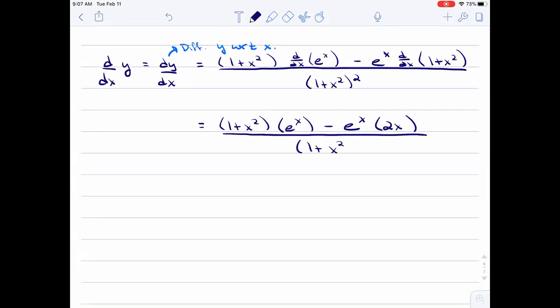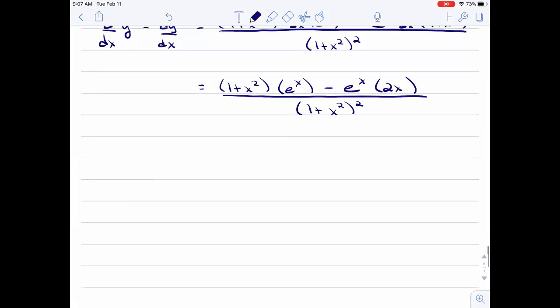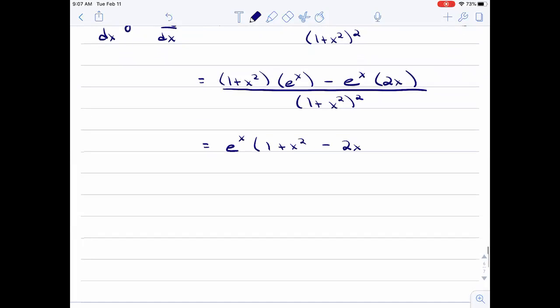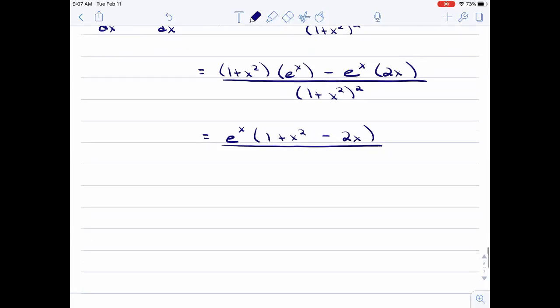Over 1 plus x squared squared. You don't want to leave it alone so much that you completely forget about it. That's bad. But if I pull out a common e to the x, then I have e to the x times 1 plus x squared minus 2x, over 1 plus x squared all squared.